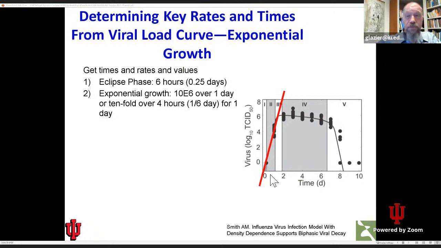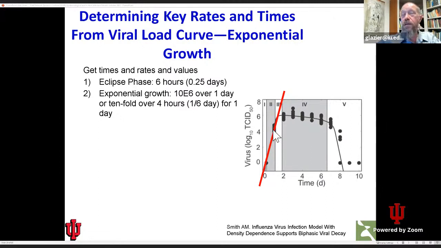The next thing we have to estimate is this exponential phase. And that goes from a time of about a quarter of a day up till about a day and a quarter. And we start out with a value of 10 to the 0, 1. We wind up with a central value of around 10 to the 4th.